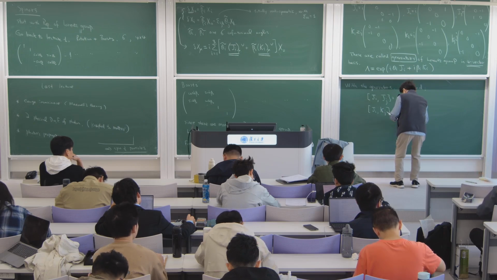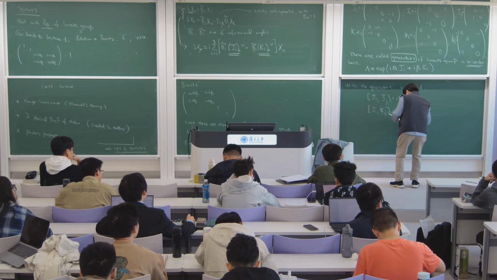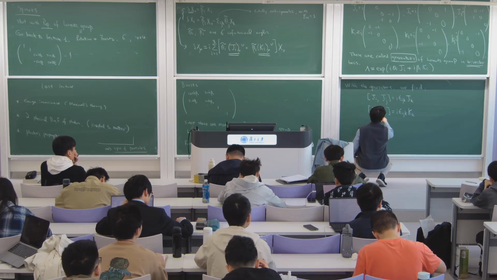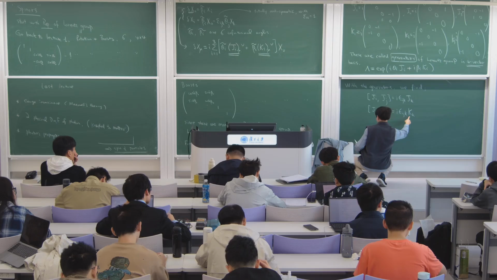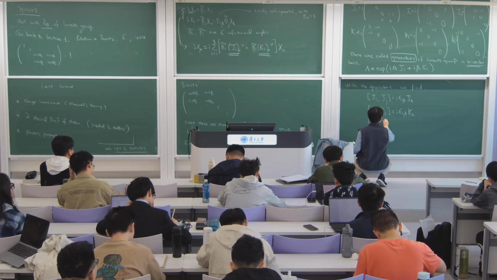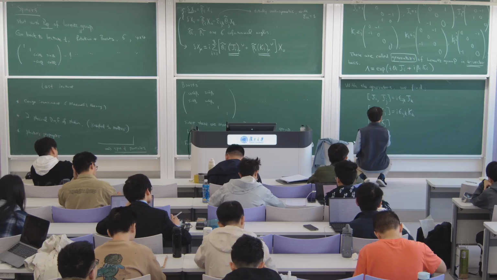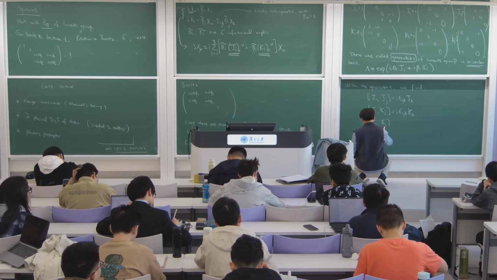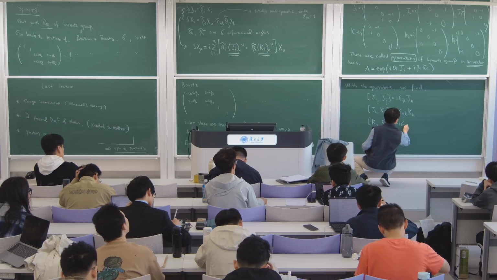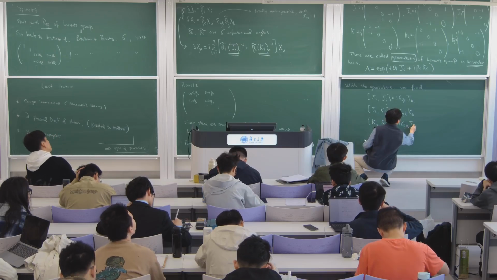There is a bunch of others. For example, if you commute J and K, you'll get i epsilon K. Okay? Then the remaining one: if I commute K_i and K_j, then you'll get minus i epsilon J_k.